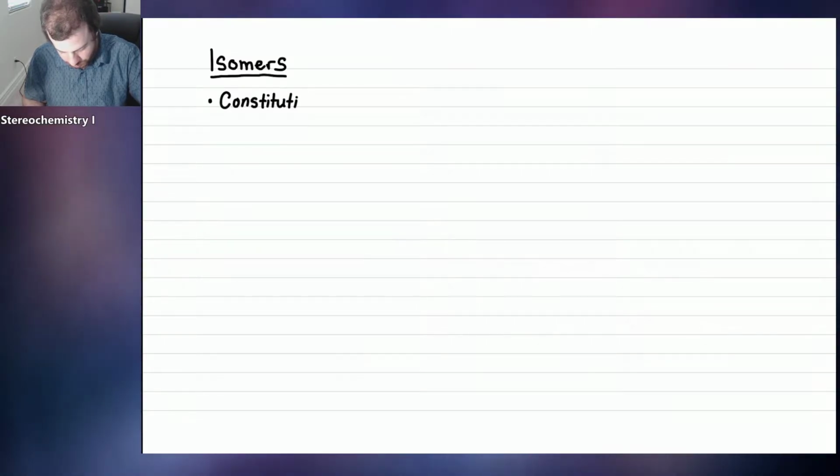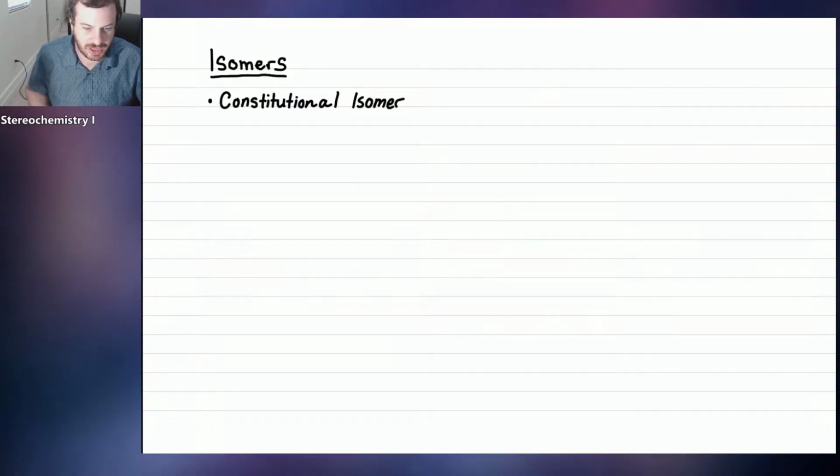So the first type of isomer we're going to discuss is something called a constitutional isomer. And a constitutional isomer is when you have the same atoms, the same chemical formula, but different connectivity.